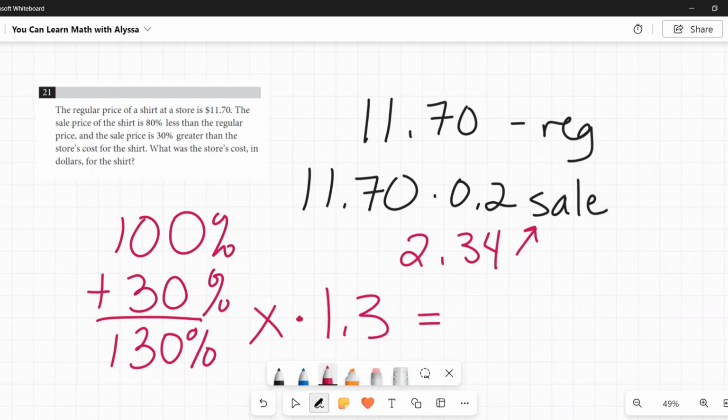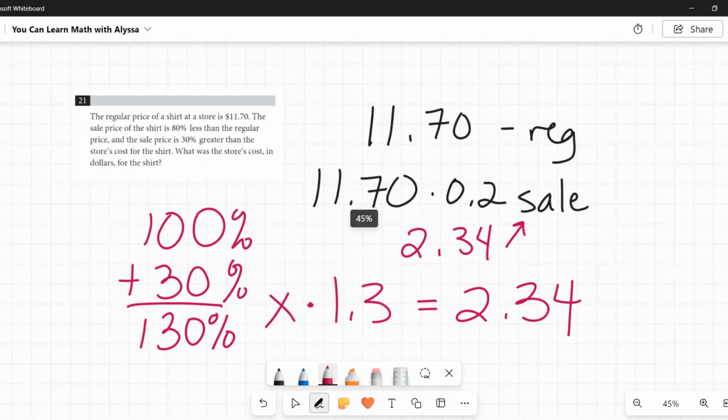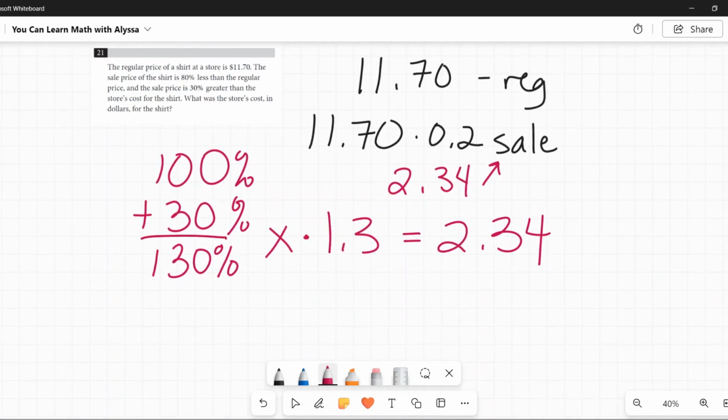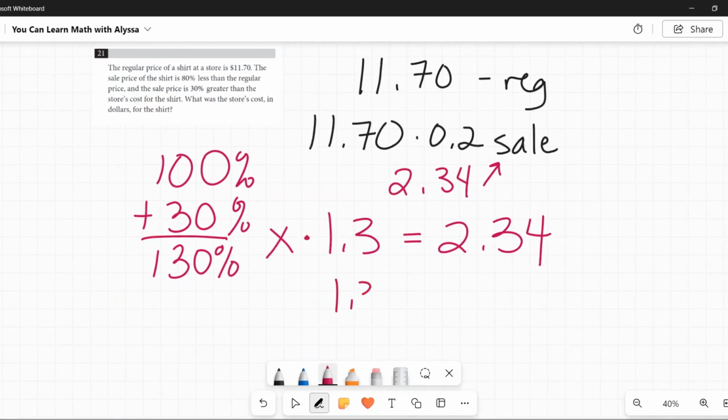And that is going to give me the sale price of $2.34. So now I have my little algebra equation: 1.3 times x, and remember, I'm using x to represent the store's cost, our ultimate goal here. 1.3 times x equals $2.34.